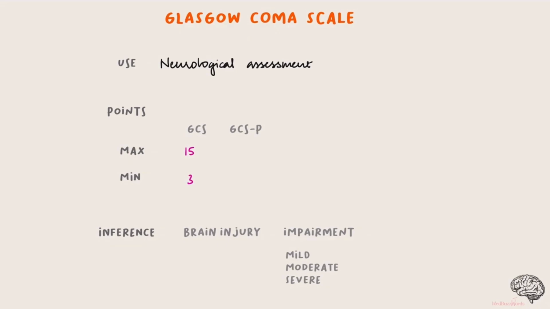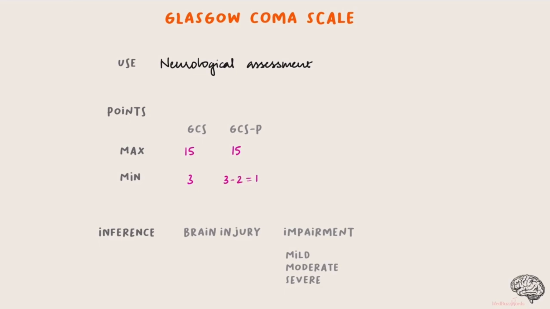The maximum score in the GCS-P score would be GCS score minus 0, correct? Because both the pupils were reactive to light, that would give a score of 0. That would again mean that the maximum score possible is 15. But the catch here is that the minimum GCS score, which was 3, minus the maximum pupillary score, which was 2, would be 1.